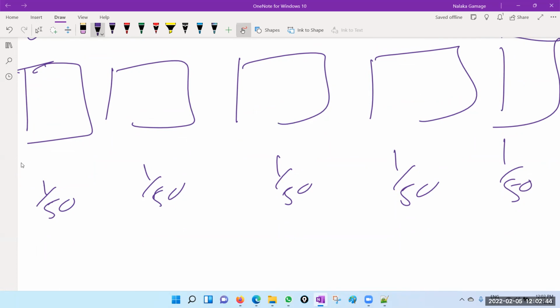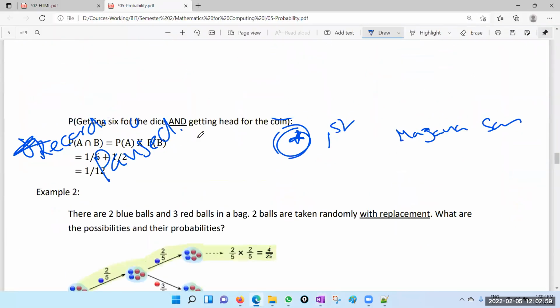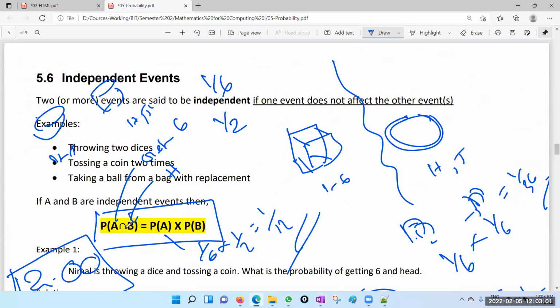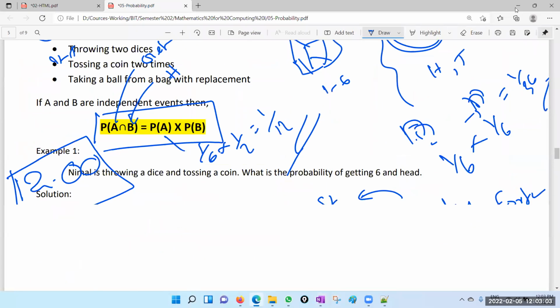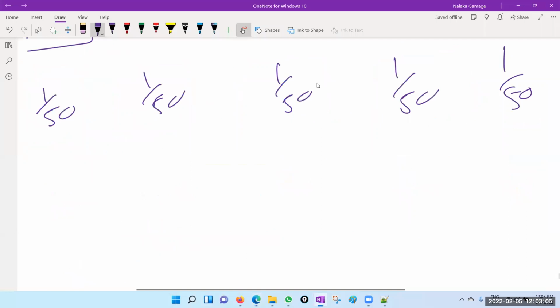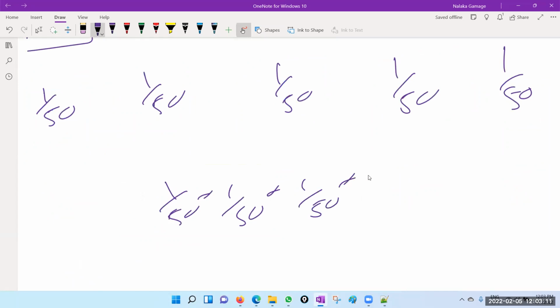Therefore, what is the probability of A happening and B happening and C happening and D happening and E happening? So it's an AND, right? When we have AND, we can multiply. So the final answer for getting first prize is 1 over 50 times 1 over 50 times 1 over 50 times 1 over 50 times 1 over 50, assuming there are 50 numbers.